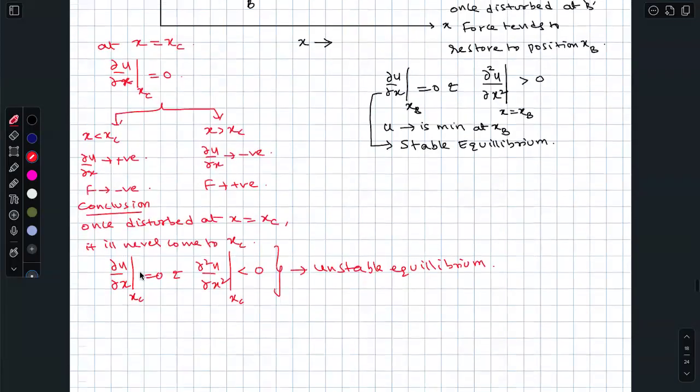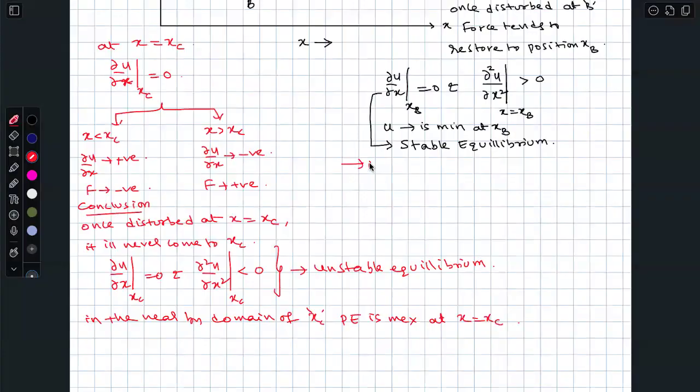I'll write that point also. In the nearby domain of XC, potential energy is maximum at X is equal to XC.